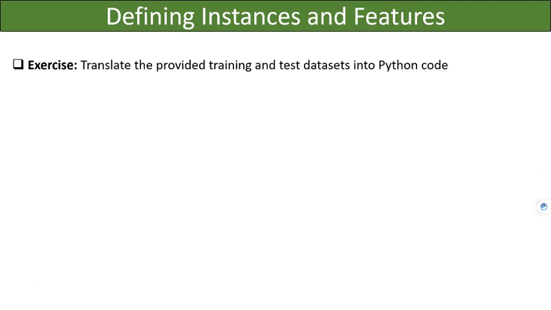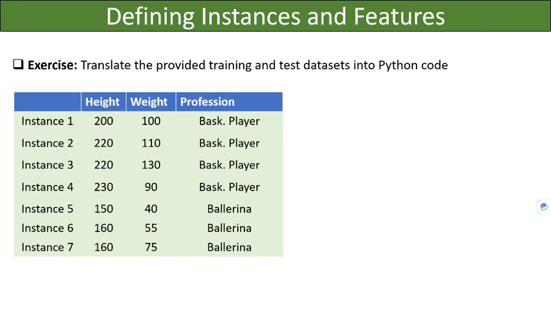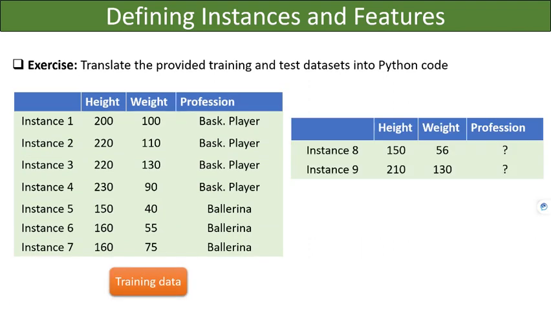Now, defining instances and features. We will discuss one example where we'll apply the approach based on what we discussed. This is the data set, and I call it the training data set, and this is my test data set. This data set originally consists of 9 instances.